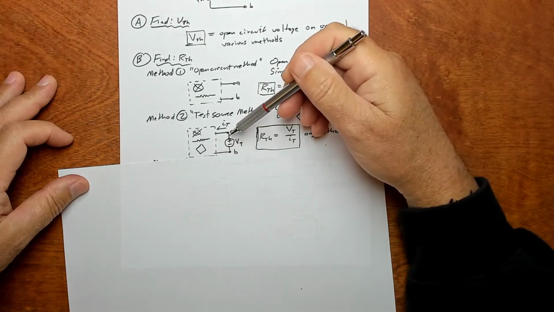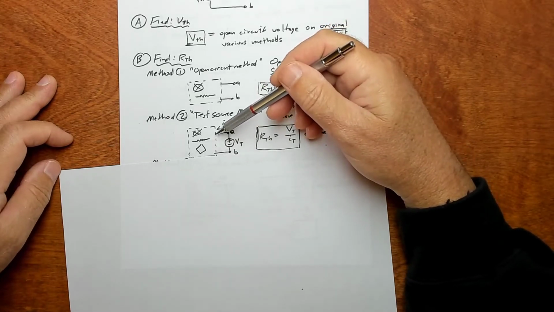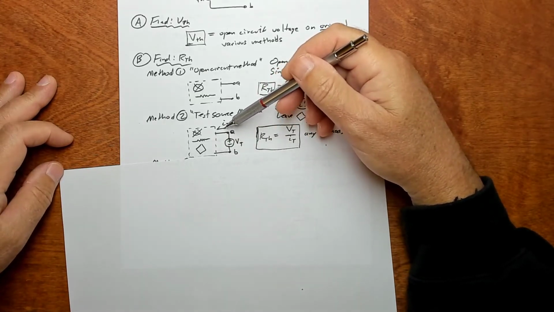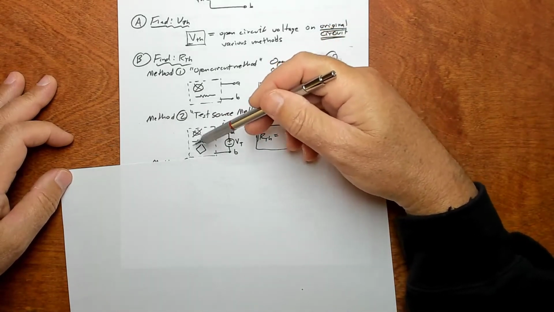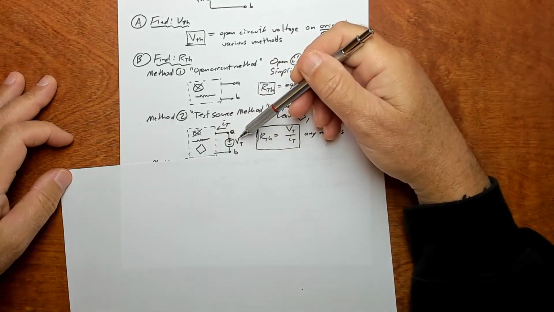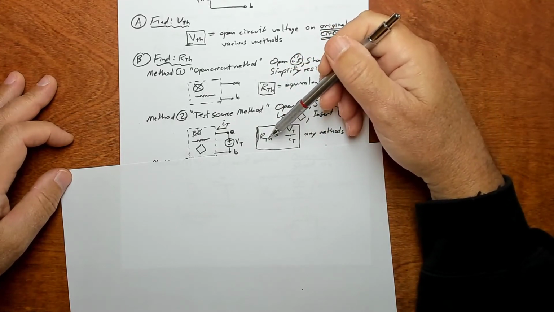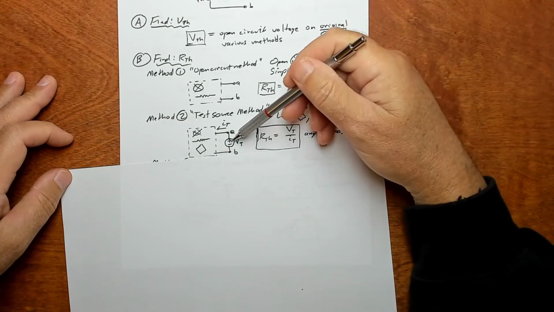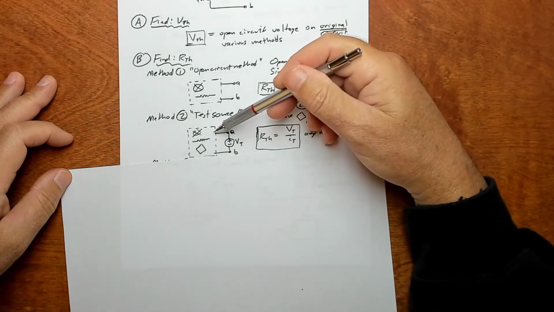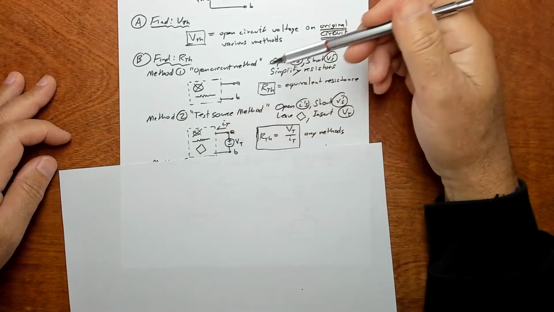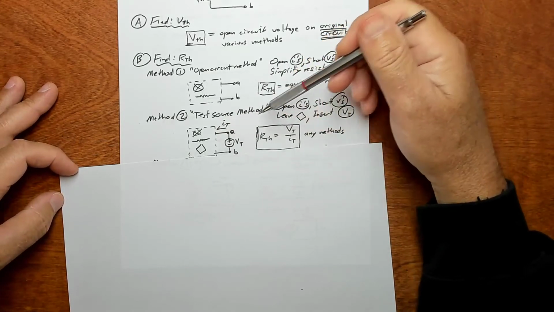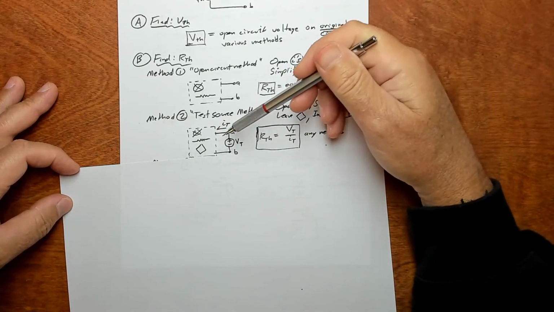And this test circuit would appear to be a resistor because by Ohm's law, the ratio of these, VT over IT, is going to give you R Thevenin. This guy won't know that this isn't a resistor. It'll behave as if it were a resistor.